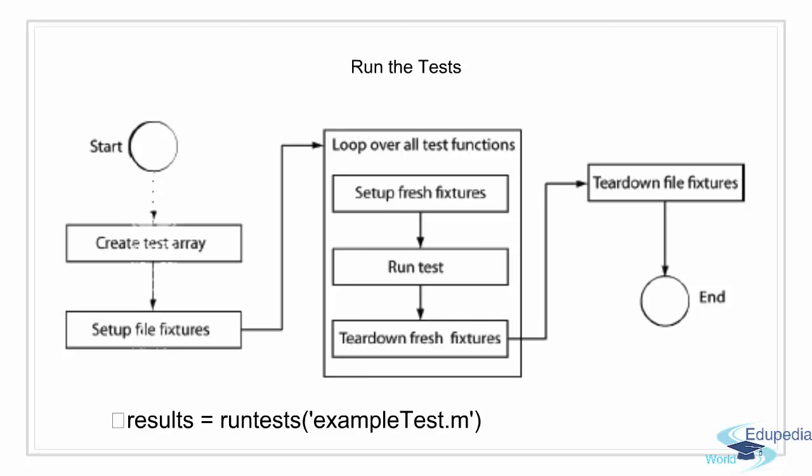After creating the test array, the setup is done for the file fixtures, and then a loop is done over all the test functions, where for each test the fresh fixtures are set up. Then the test is executed, and then the teardown function takes over to reset the fixtures, and the process starts again till all the test functions have completed execution. After this loop, the teardown file fixture function is called to reset the file fixture that was set up at the beginning, and then it comes out and the tests are completed.